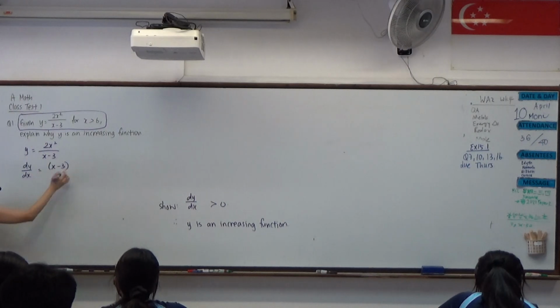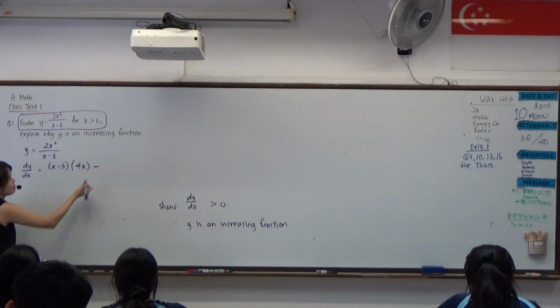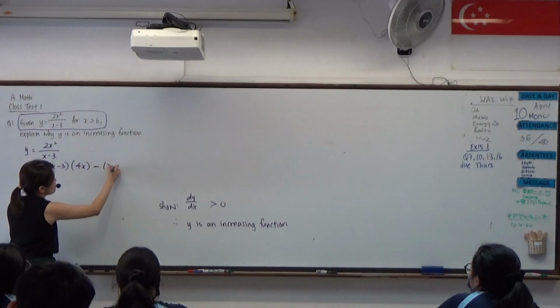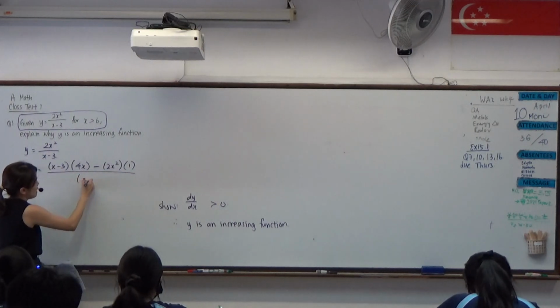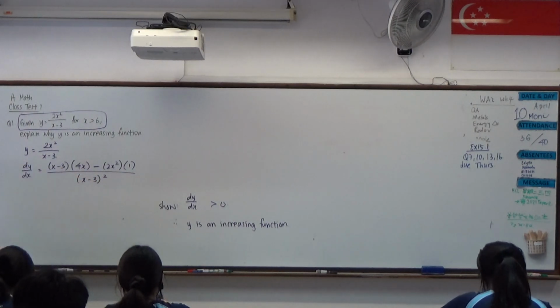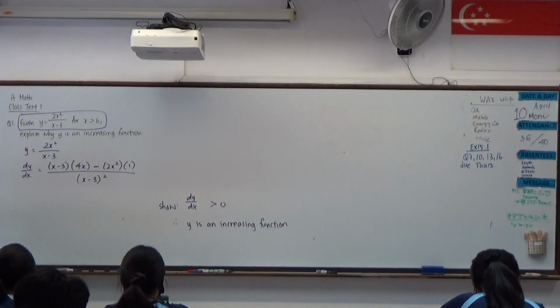Essentially, we keep the bottom, differentiate the top, get 4x, minus, some of you give me plus, keeping the top, differentiate the bottom, followed by bottom squared. So this will actually be 1 mark when you do the differentiation.